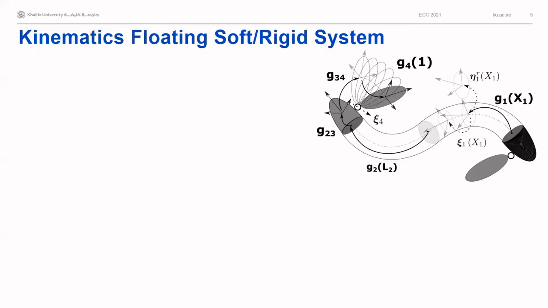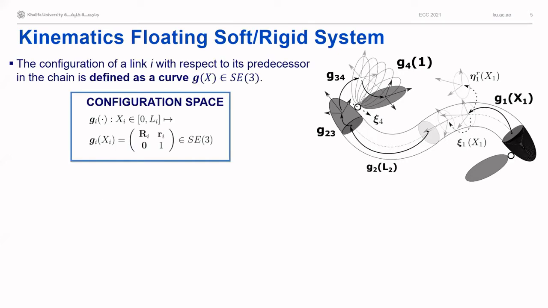Okay, so let's consider a hybrid soft-rigid system, such as this one here in this picture. The configuration of a link with respect to the predecessor link in the chain can be defined as a curve, g of x, in the special Euclidean group, that, as we know, can be represented by a homogeneous matrix like that.